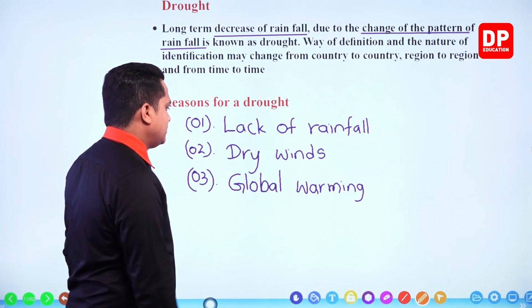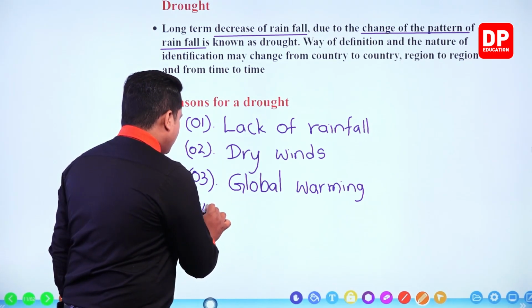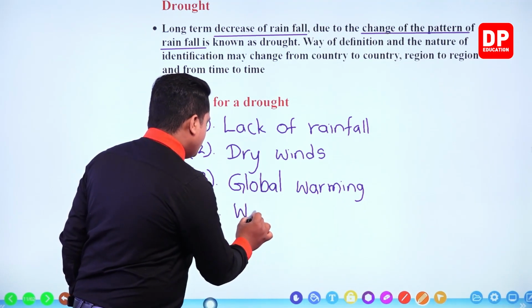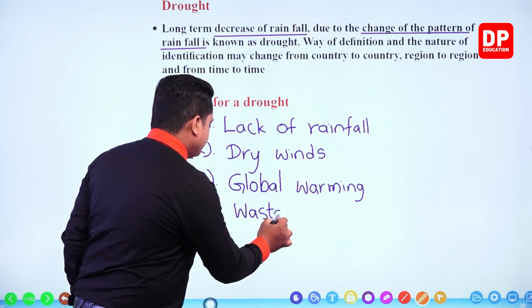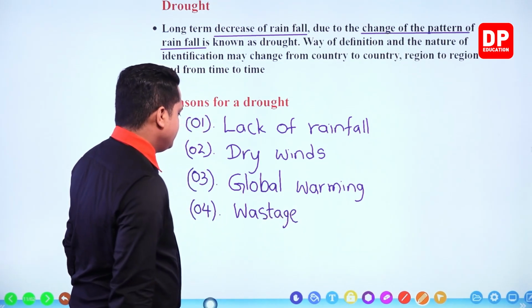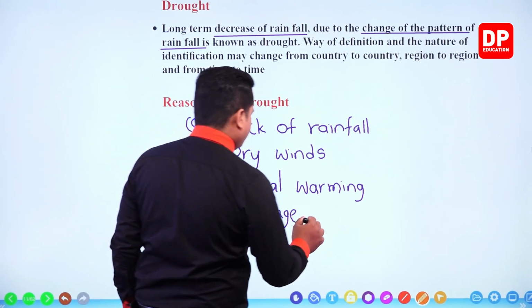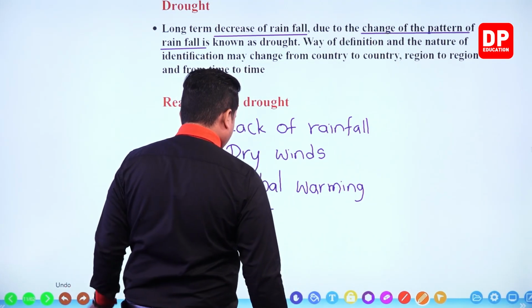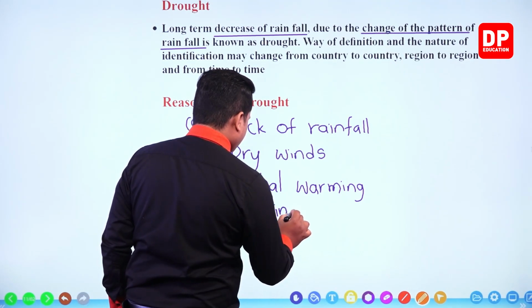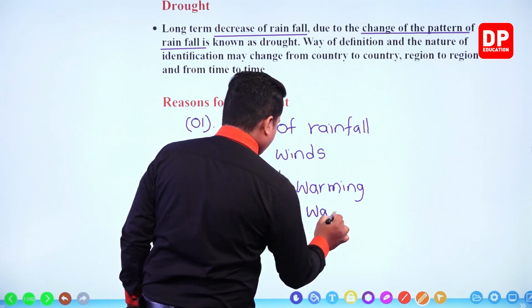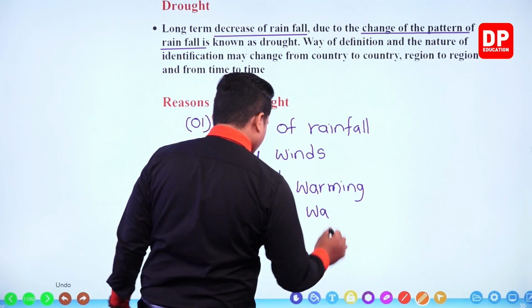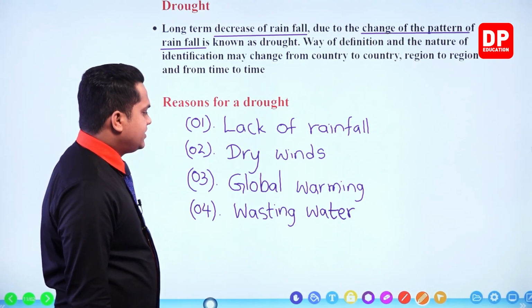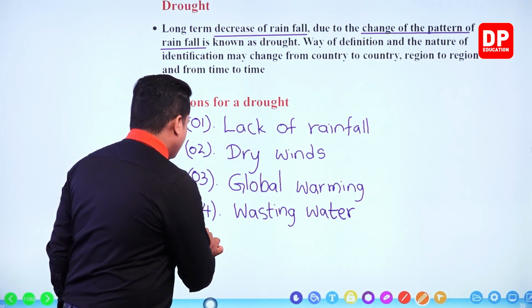Global warming. Then we can write a very simple human activity like this: wastage of water, or waste in water. Right, wasting water.